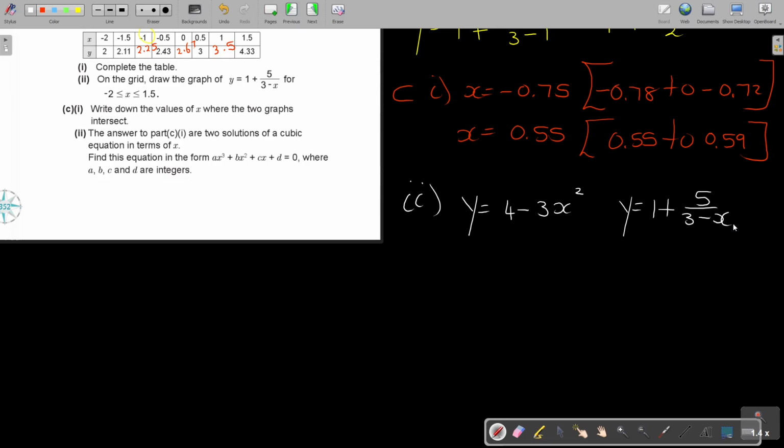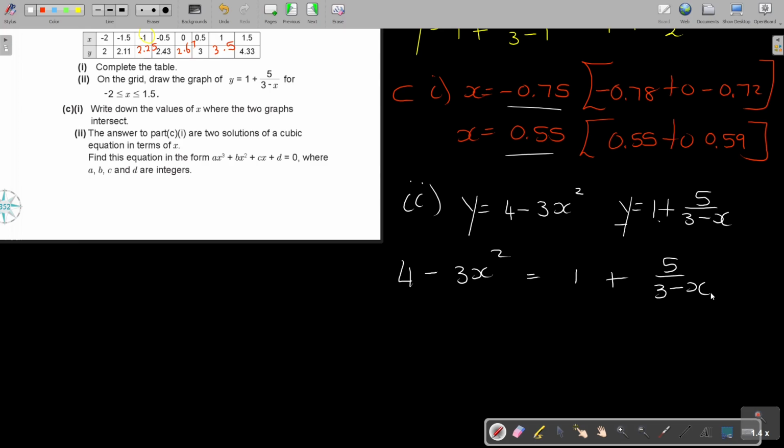Now basically they ask, how will you find these values algebraically? I'm just going to substitute the one equation into the other. So I'm going to have 4 minus 3x squared equals 1 plus 5 over 3 minus x.